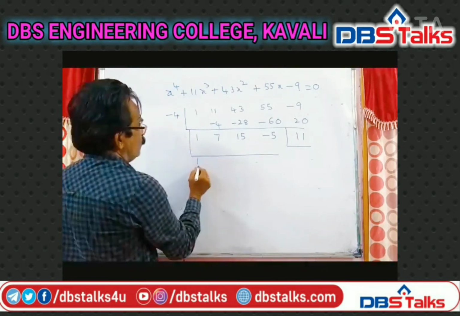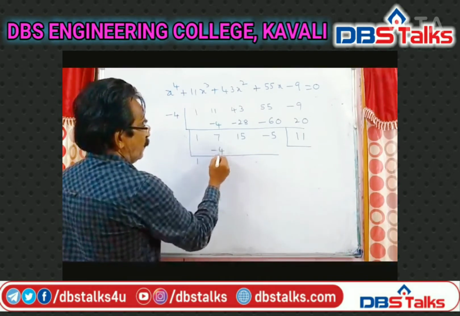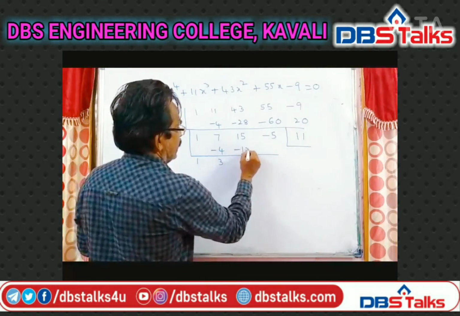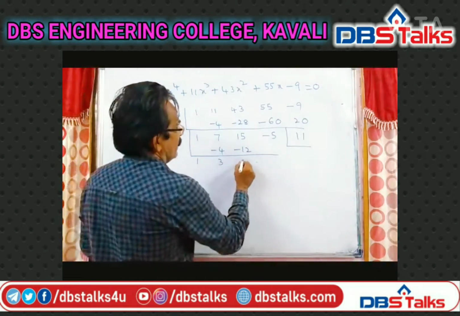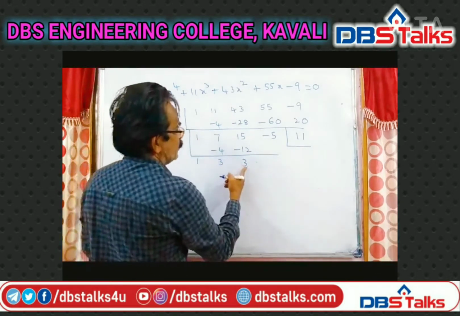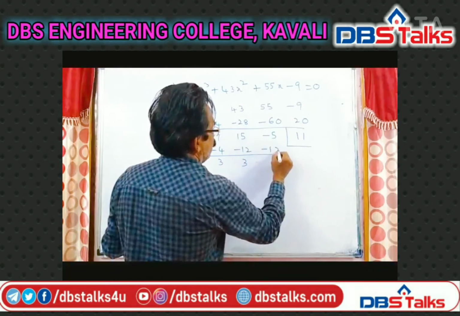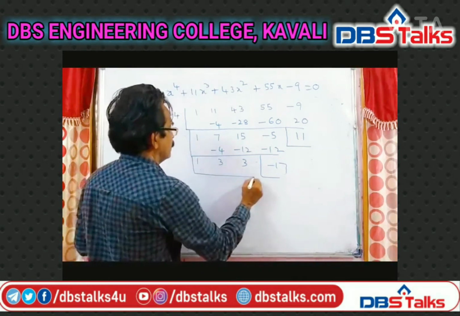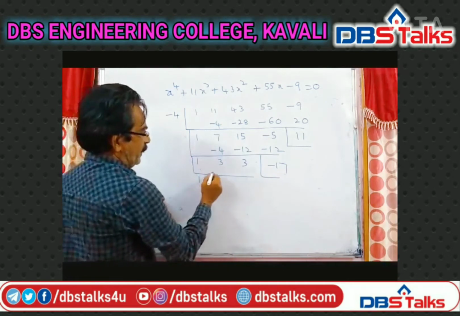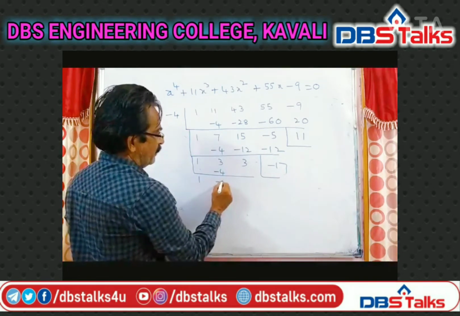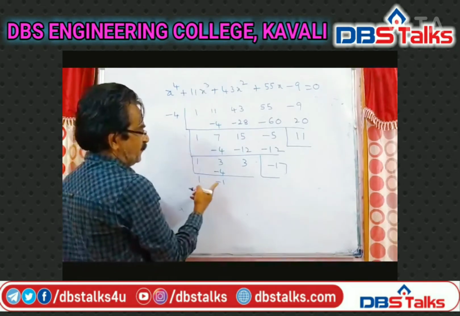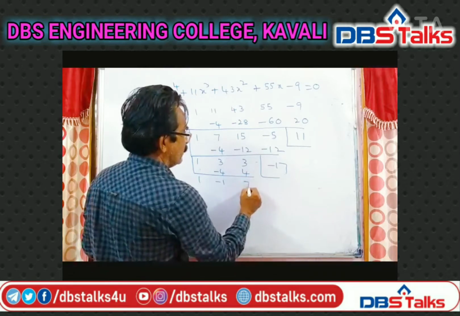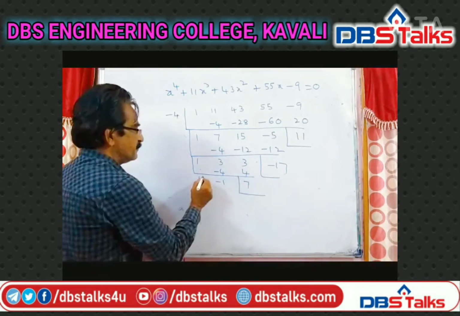Again, let us do the same process. 1. Minus 4 into 1 is minus 4, 3. Minus 4 into 3 is minus 12, minus 17. Minus 4 into 1 is minus 4, minus 1. Minus 4 into minus 1 is plus 4, so 7.